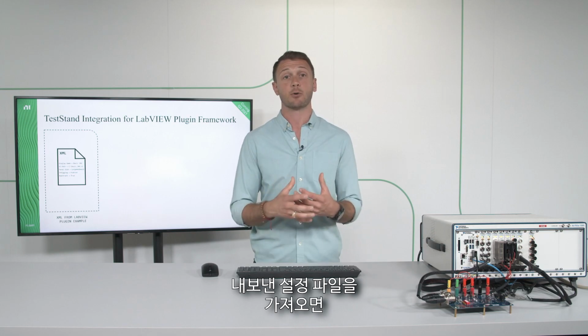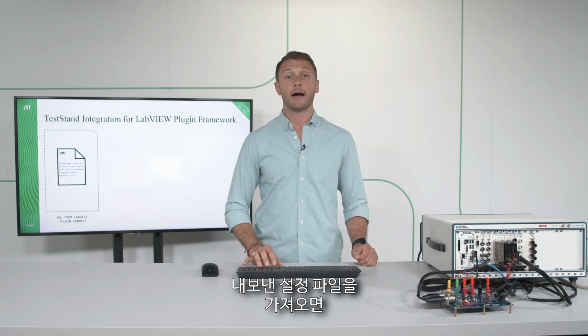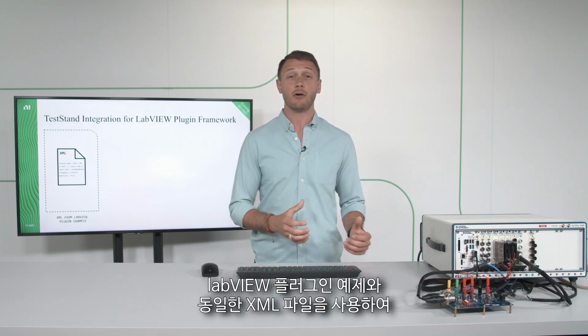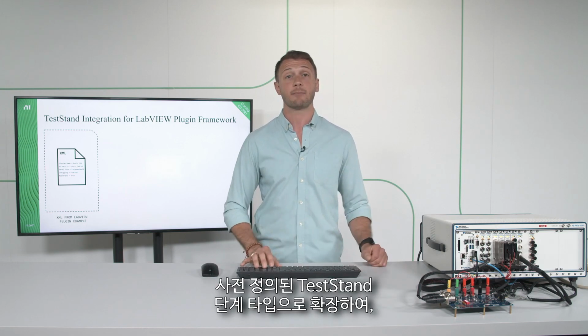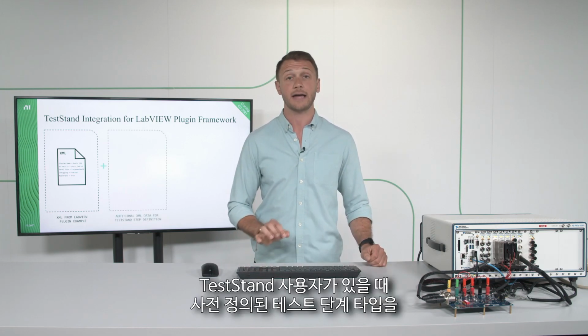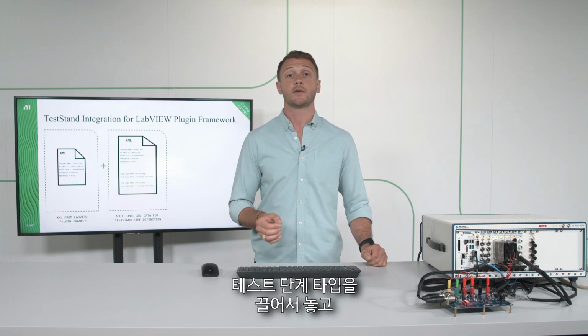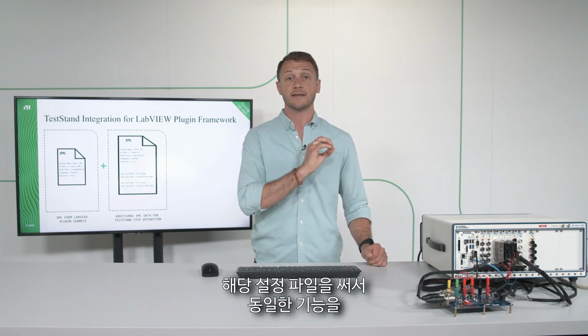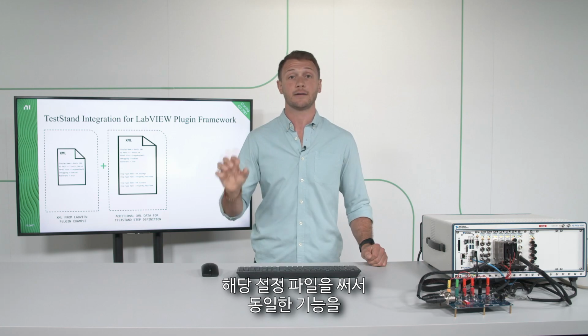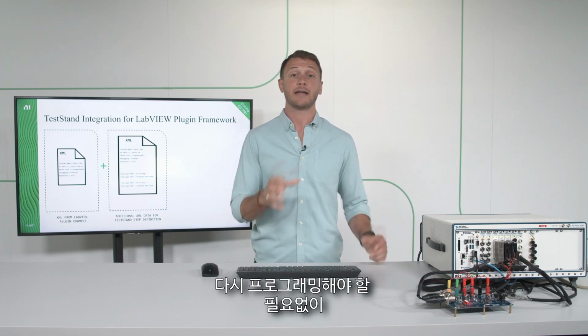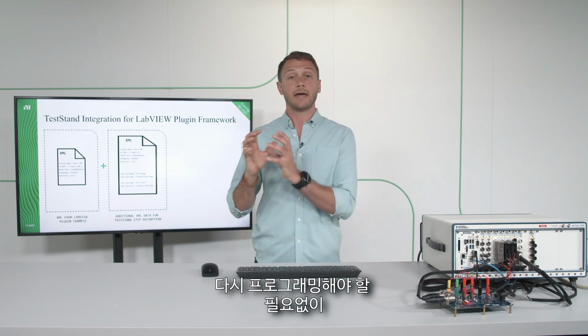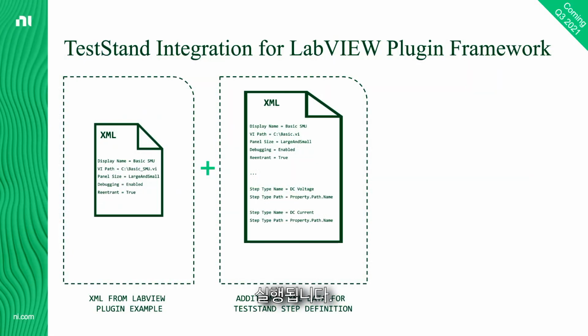So once you get that exported configuration file, we can also use that same XML file from the LabVIEW plugin example and extend it to predefined TestStand step types so that when you have a TestStand user, they can simply drag and drop predefined test step types and use that configuration file and run without having to reprogram that same functionality.